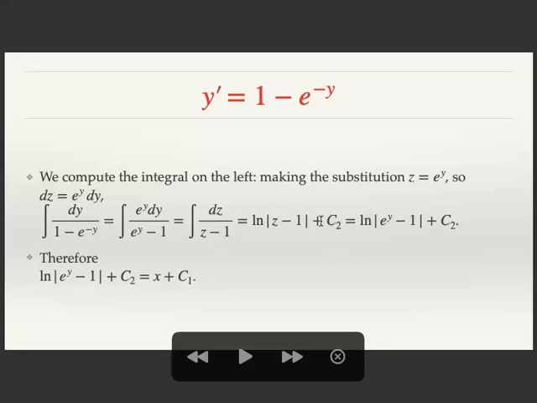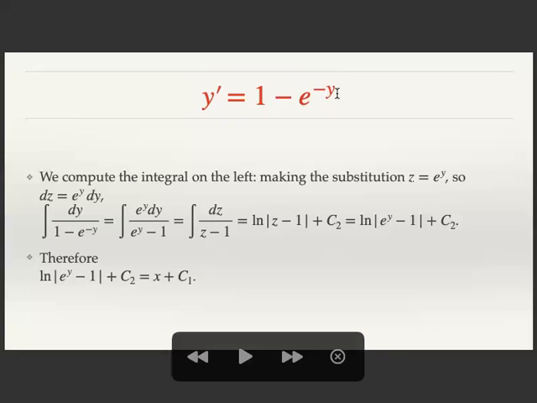So you have natural log of absolute value of z minus 1. Right? The integral of 1 over z minus 1 is natural log of absolute value of z minus 1 plus a constant. And let's go back to e to the y, because we are interested in solving this equation in terms of y. So we're still solving this equation.